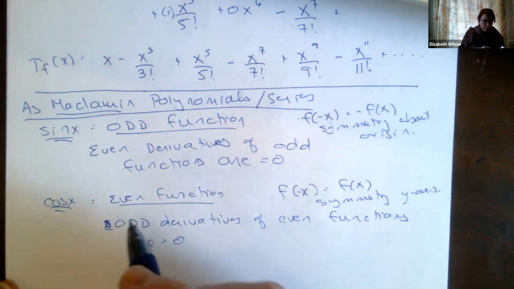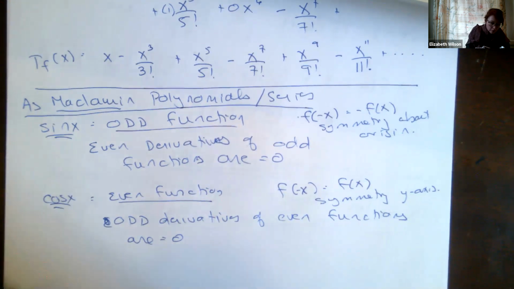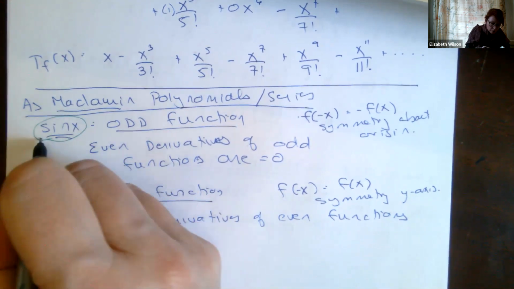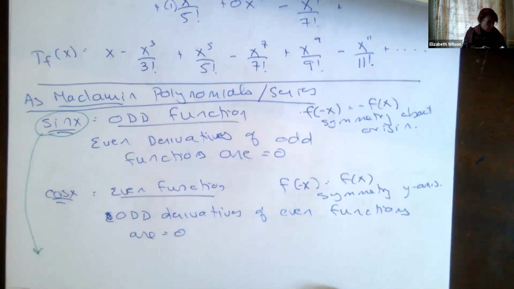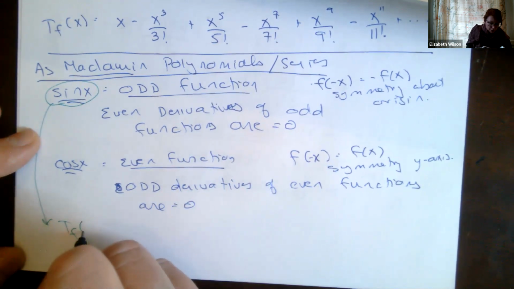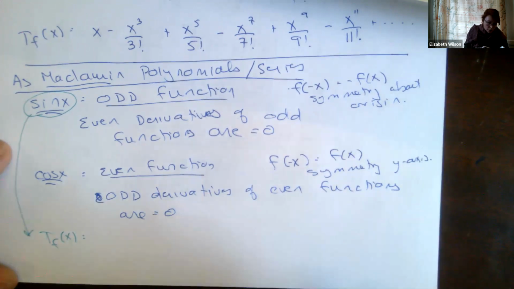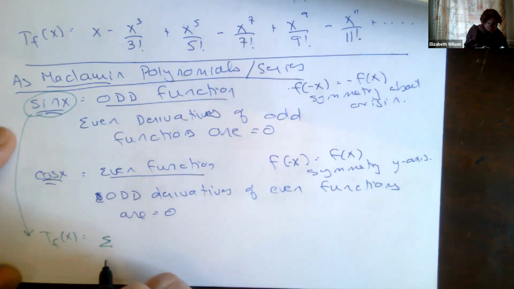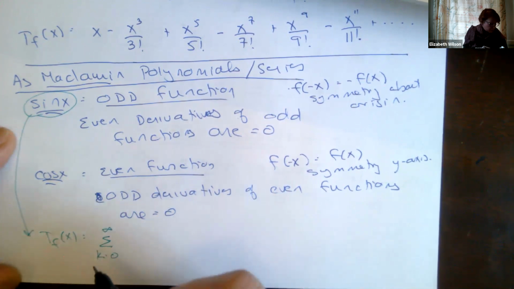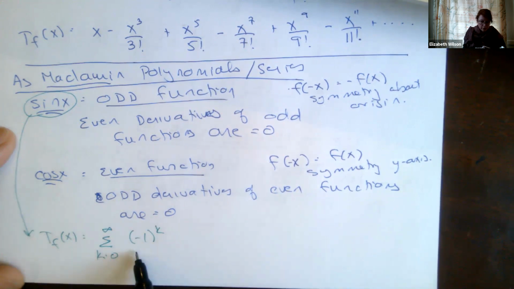Let me write out the sine function, and I'll do this in green so you know I'm doing it specifically. We're going to start thinking about how to put this into summation notation, just so you get accustomed to that. I start at 0 and go to infinity because it's an infinite series, with alternating positive and negative terms.